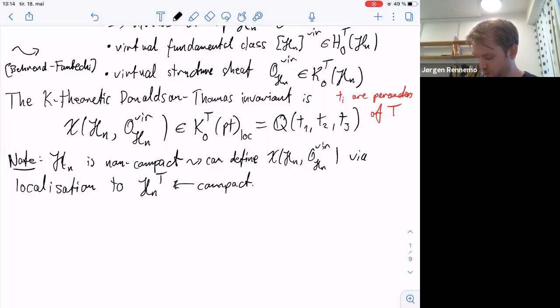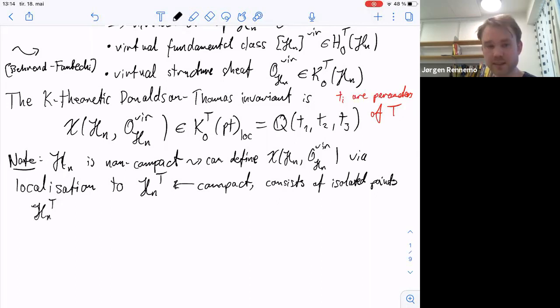I told you the fixed point locus here is compact, but I can tell you more about what it looks like. It consists of isolated points, and the description of it is pretty straightforward.